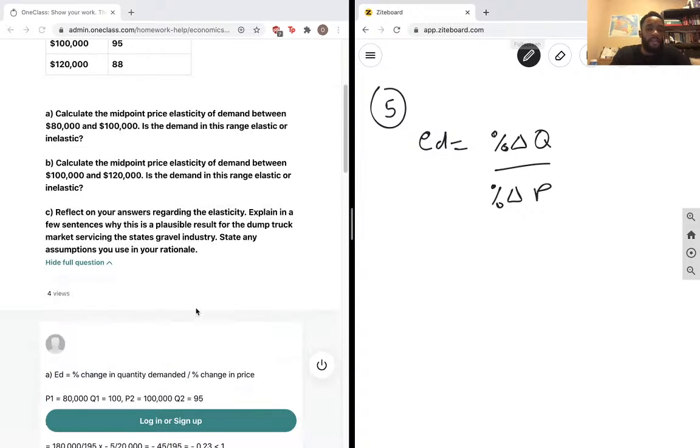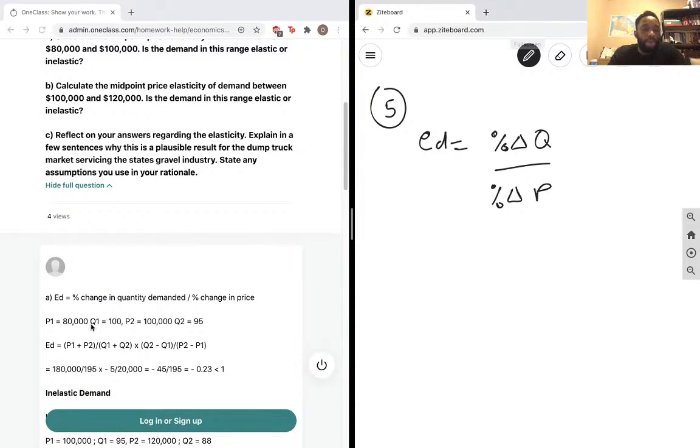So if we look at part A, P1 equals 80,000, Q1 equals 100, P2 equals 100,000, Q2 equals 95.